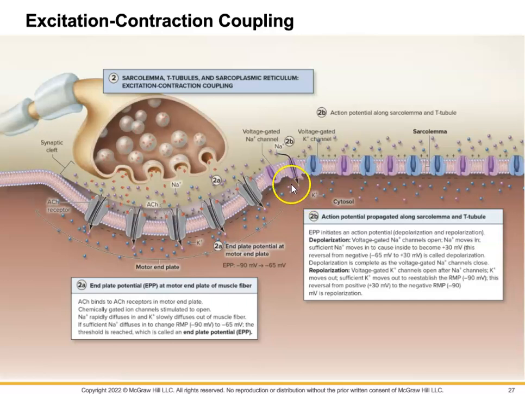This restores the negative charges back in the cell membrane, because we're getting rid of more sodium than we're bringing back in potassium. So it gets the membrane back to resting membrane potential of -90 millivolts, and that cell is now repolarized, or if you go back to my analogy, you can flush the toilet again.